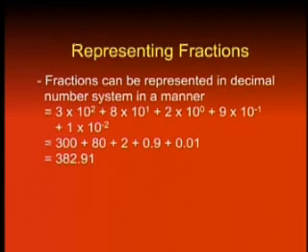Thus, 382.91 can be written in terms of the base number and weights as 3 into 10 power 2 plus 8 into 10 power 1 plus 2 into 10 power 0 plus 9 into 10 power minus 1 plus 1 into 10 power minus 2.